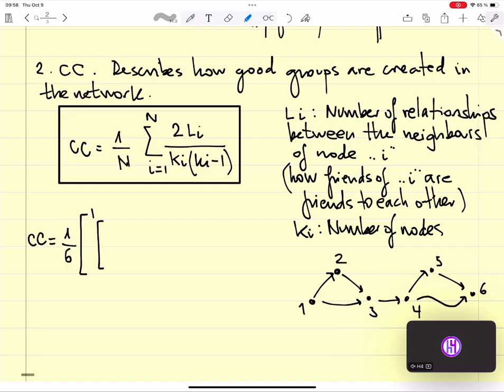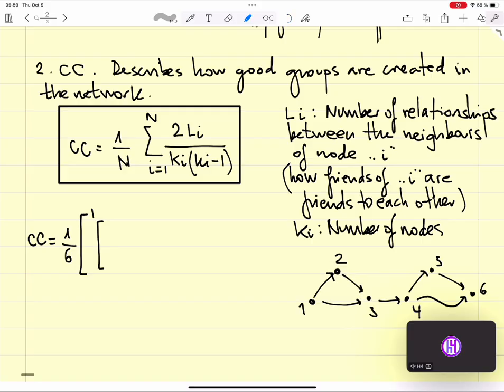Node 1 has, look at the picture, neighbors 3 and 4 and 2. Okay? Are they connected? Yes. So L sub 1 for node 1 is 1 because my friends, I am node 1, my friends have 1 connection between each other.